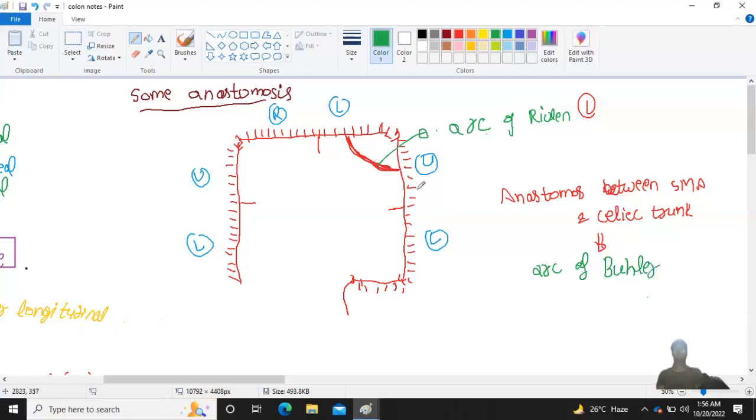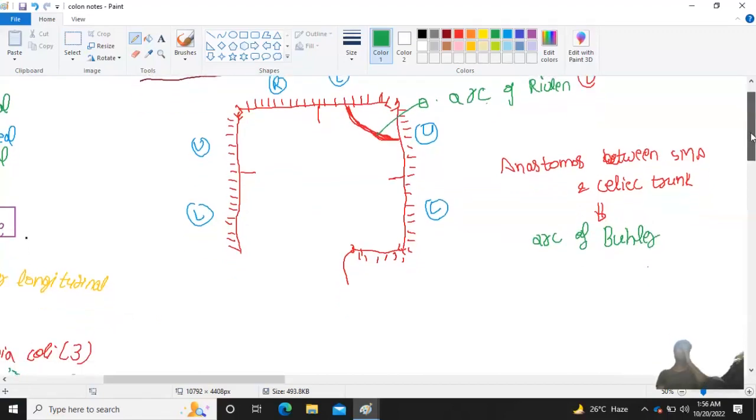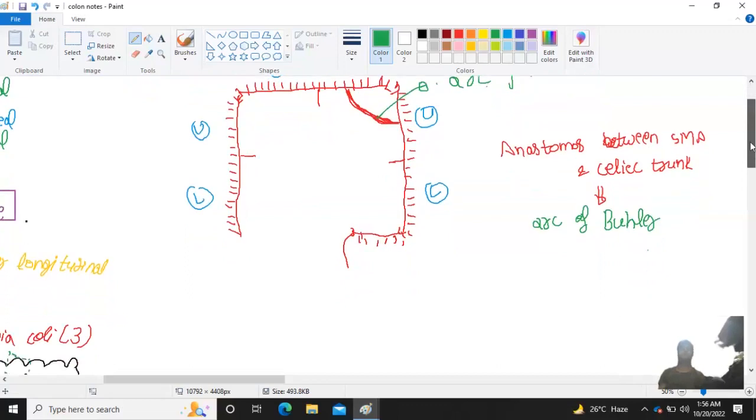This is a continuation. And another anastomosis is present, not around the transverse colon, but it is also important.